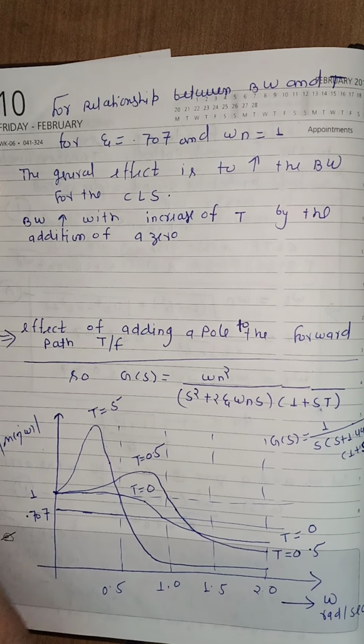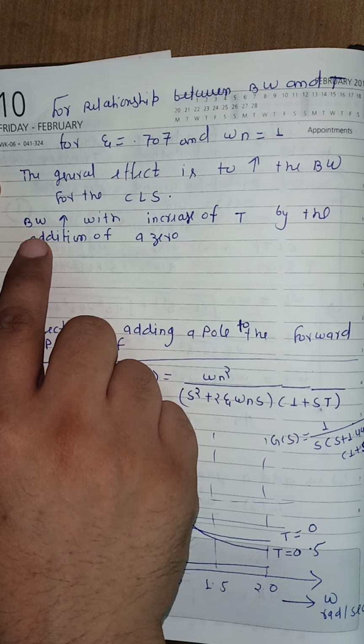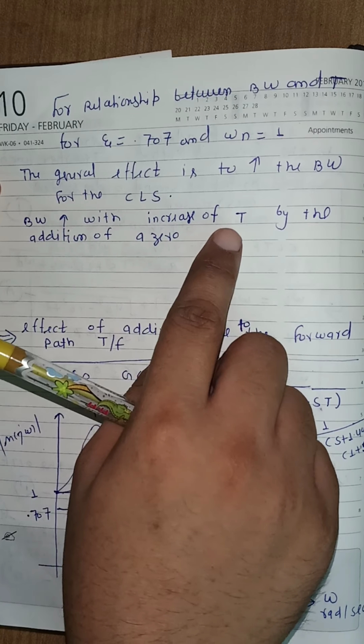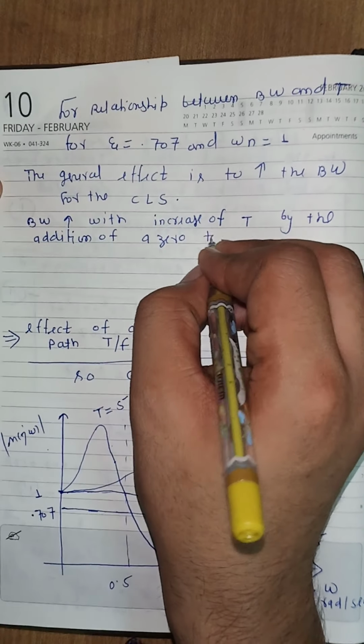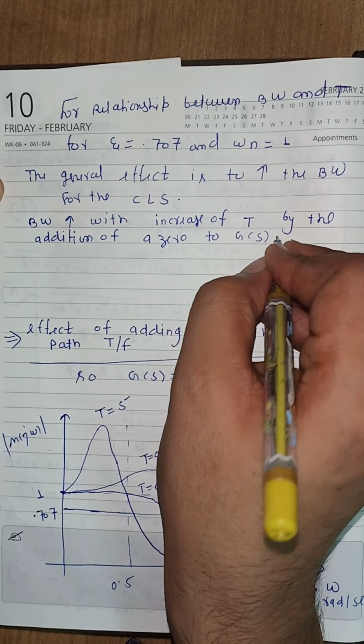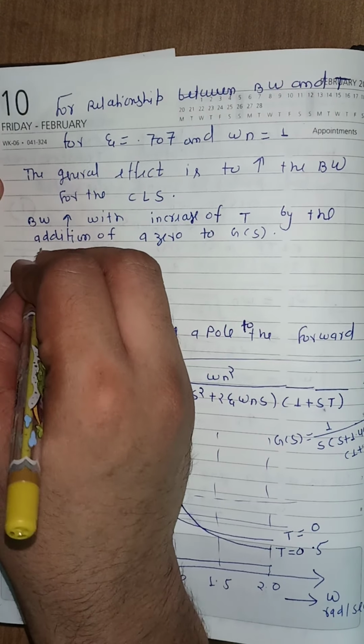So we are saying bandwidth generally increases with increase of capital T by the addition of a zero to the open loop transfer function G(s).